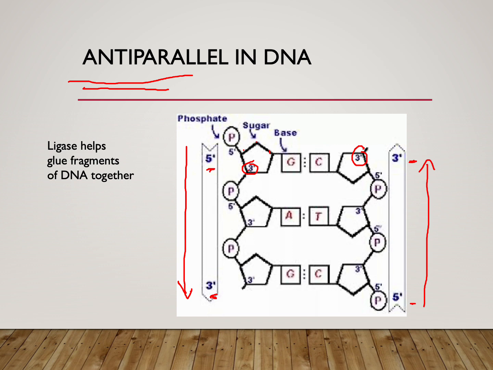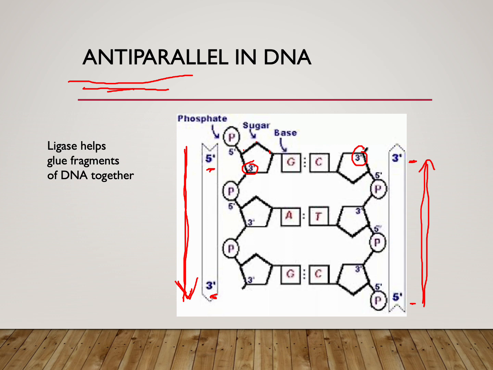Again, it has to do with numbering based on where the oxygen is located, where they start the numbering of carbons. You don't have to worry about that at this level, but what you do need to know is that the DNA polymerase is going to move from a 5' to a 3', and that's where we get the anti-parallel. One is going in one direction and the other goes in the opposite direction.